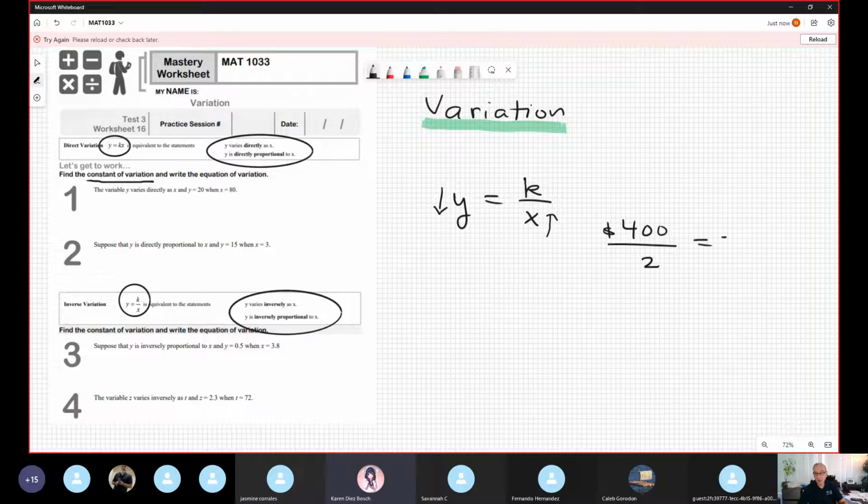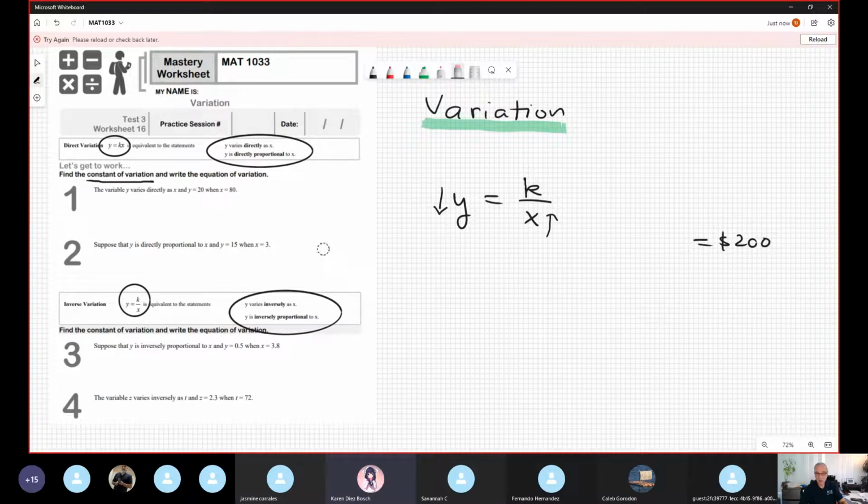It's 200 each. Now suppose you increase the denominator x from 2 people to 4 people. So it's 100 each, because 400 split among 4 people is 100 each person. So that proves that when the denominator increases, the result of the formula decreases. It's extremely logical.